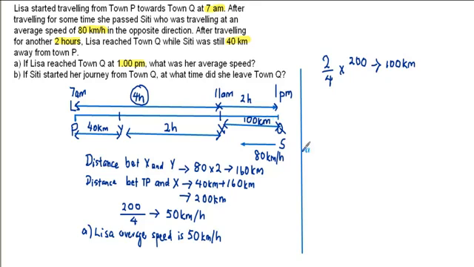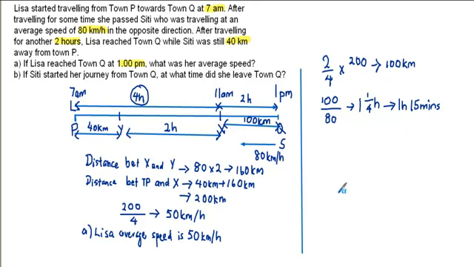So at 80 kilometers per hour, to travel 100 kilometers, Cici would take the distance over the average speed, and this would give us 1 1/4 hours, which is also equal to 1 hour 15 minutes. This refers to the time taken to travel 100 kilometers from point X to town Q.